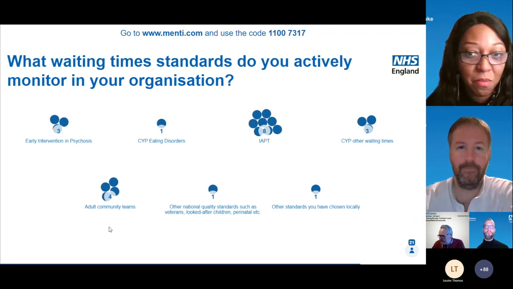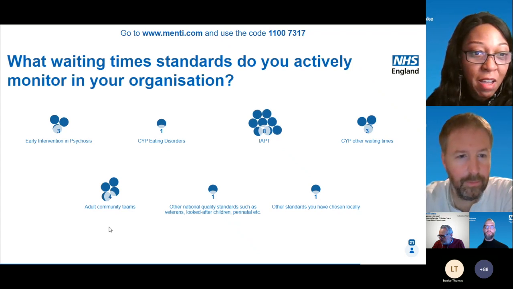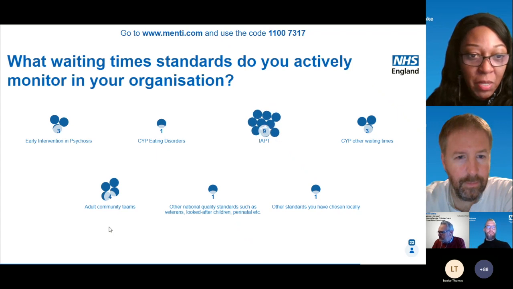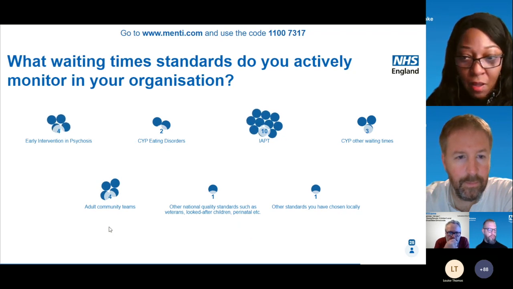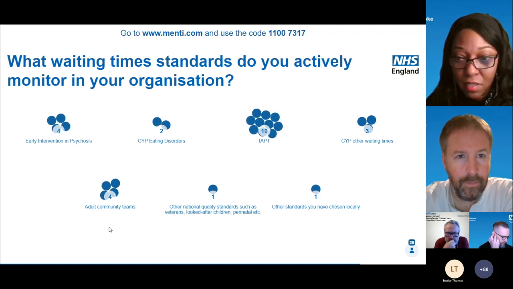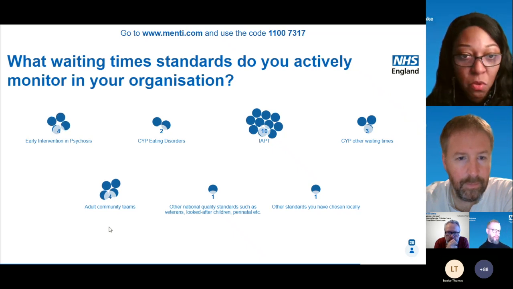So IAPT is very recognisable, obviously, followed by EIP and CYP. But some of you are monitoring some standards in adult community teams. And it seems like some of you are struggling to select more than one of these.